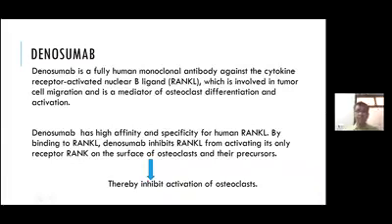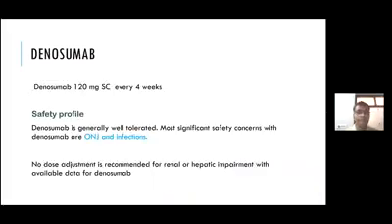Because of its high affinity and specificity for RANK ligand, it binds with RANK ligand and inhibits it from activating its only receptor on the surface of the osteoclast, thereby inhibiting the activation of the osteoclast and the bone resorption by the METs.